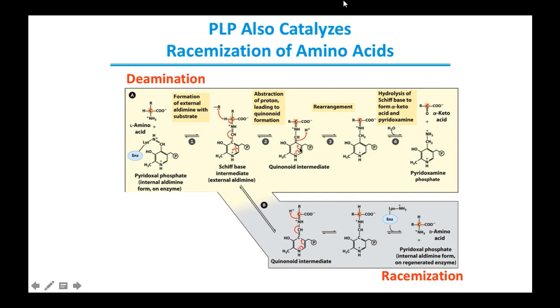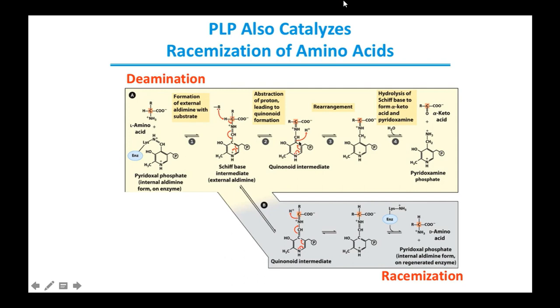We can then do another rearrangement inside of the pyridoxal phosphate. This pyridoxal phosphate has a nice electron sink. We've seen this before. When we use a carbon-nitrogen double bond, imine type double bond with a positive charge, as our electron sink, that's all we're doing. We're just pushing electrons into the electron sink.